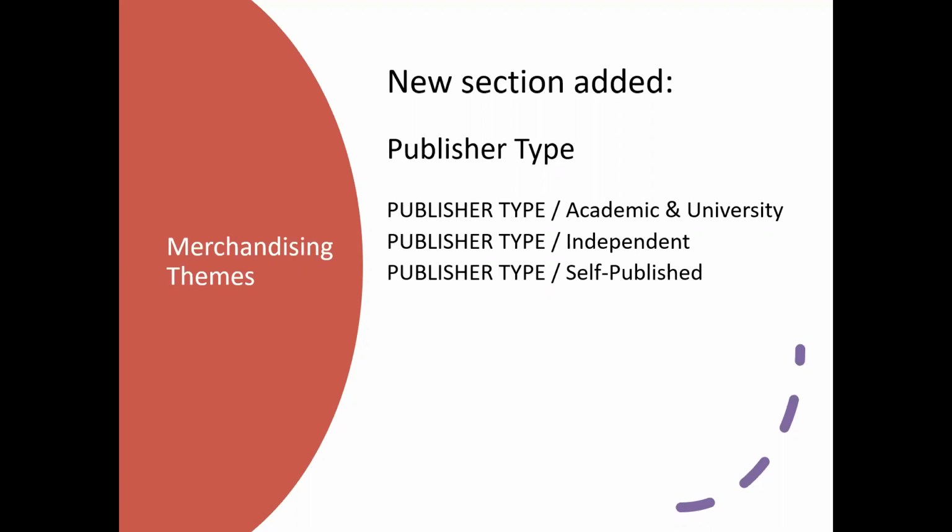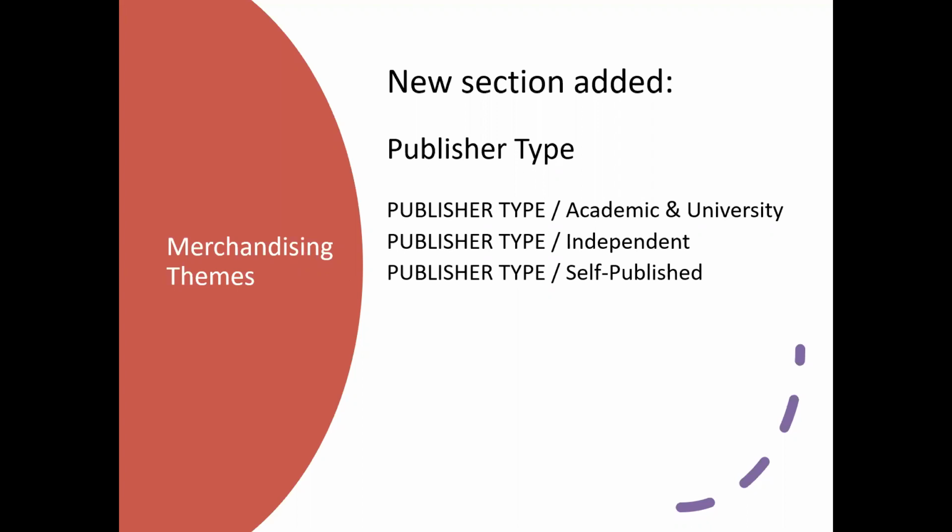However, we had the Independent Book Publishers Association come to the committee and ask us to look at ways to describe the publisher type in the metadata. For them, the size is important. It's important to many, especially independent booksellers, to know which books are being published by independent publishers.